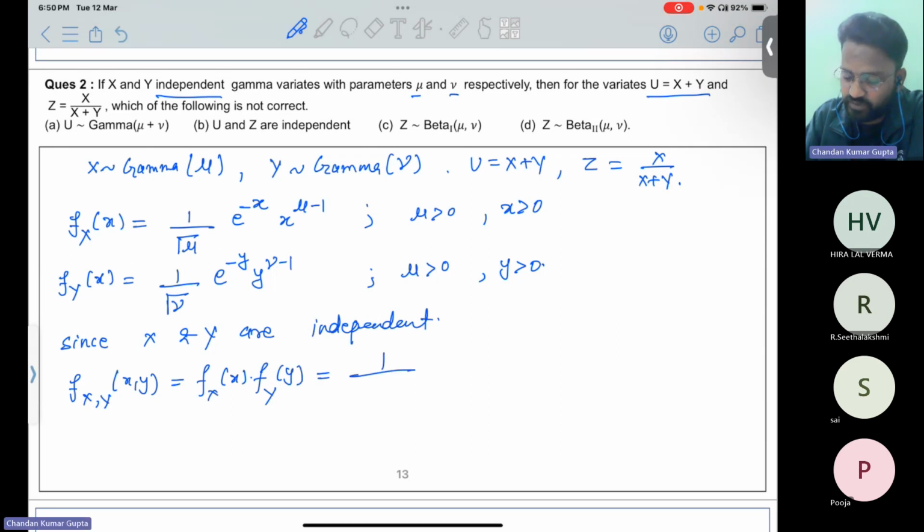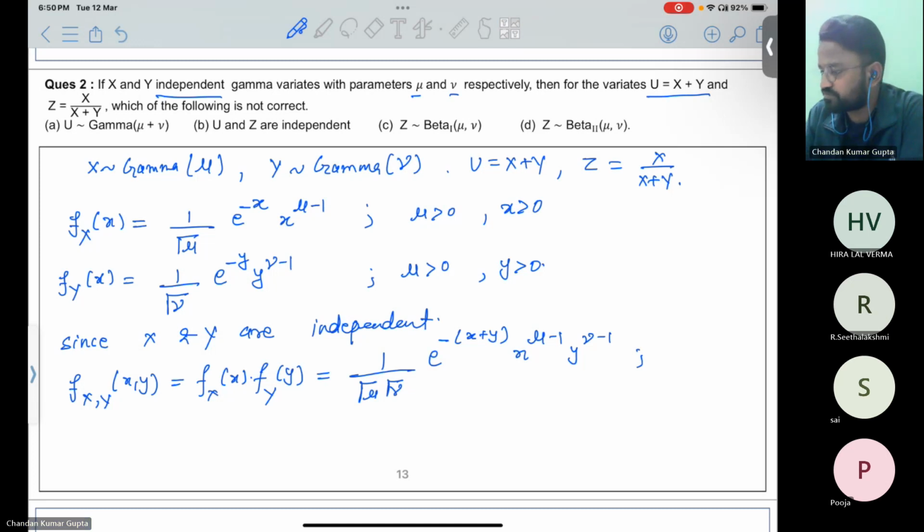This implies 1 upon gamma mu gamma nu, e to the power minus of x plus y, and x to the power mu minus 1 and y to the power nu minus 1. Okay. Up to this point, it is okay.